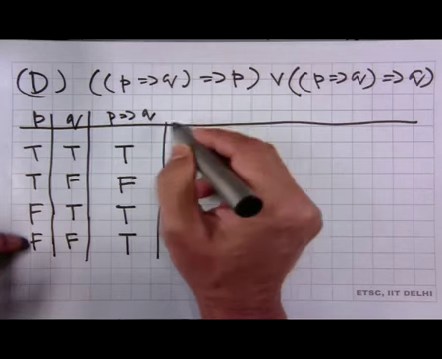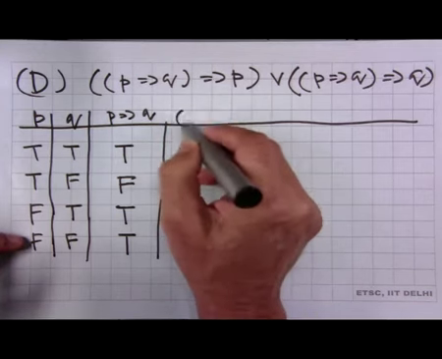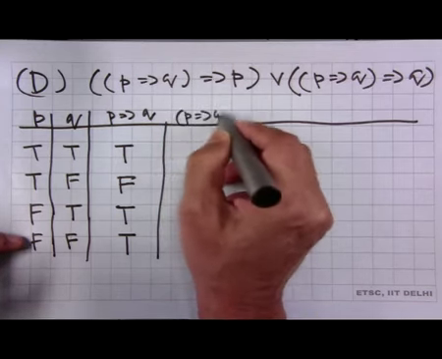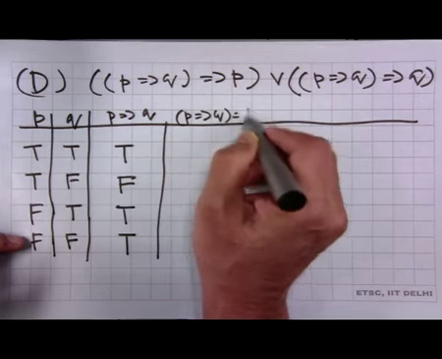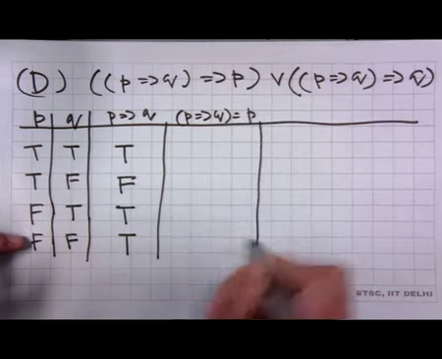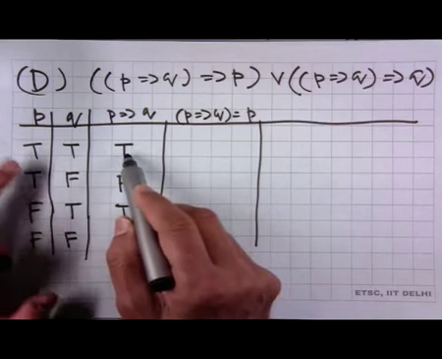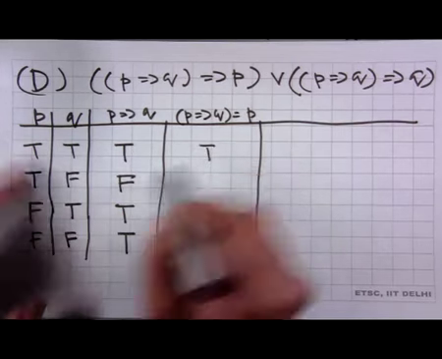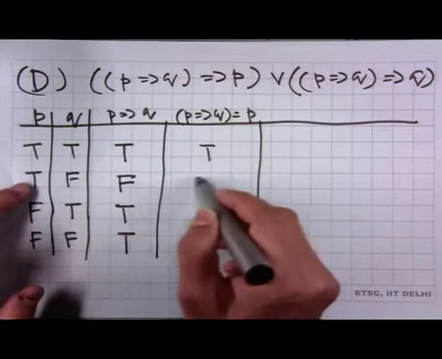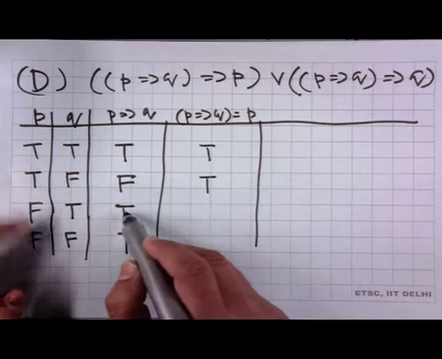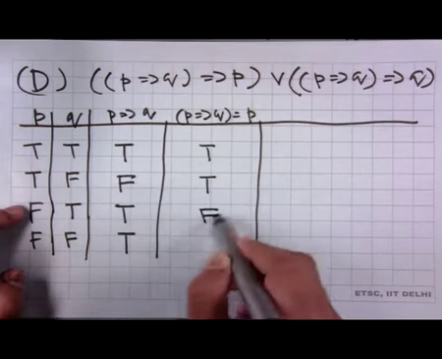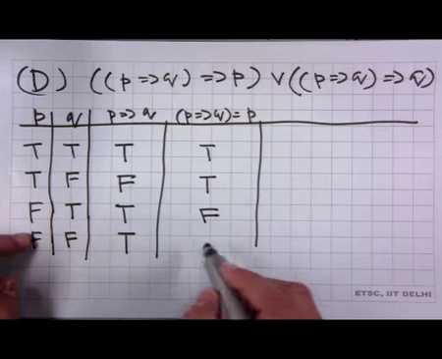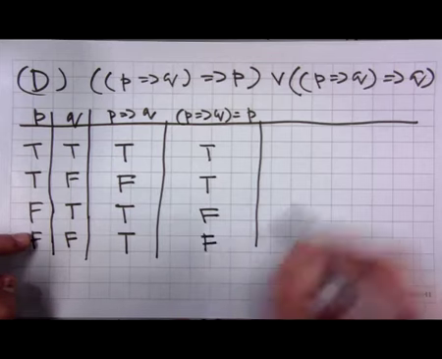Therefore, P implies Q implies P: this is going to be true implies true is true, false implies true is true, true implies false is false, true implies false is false.